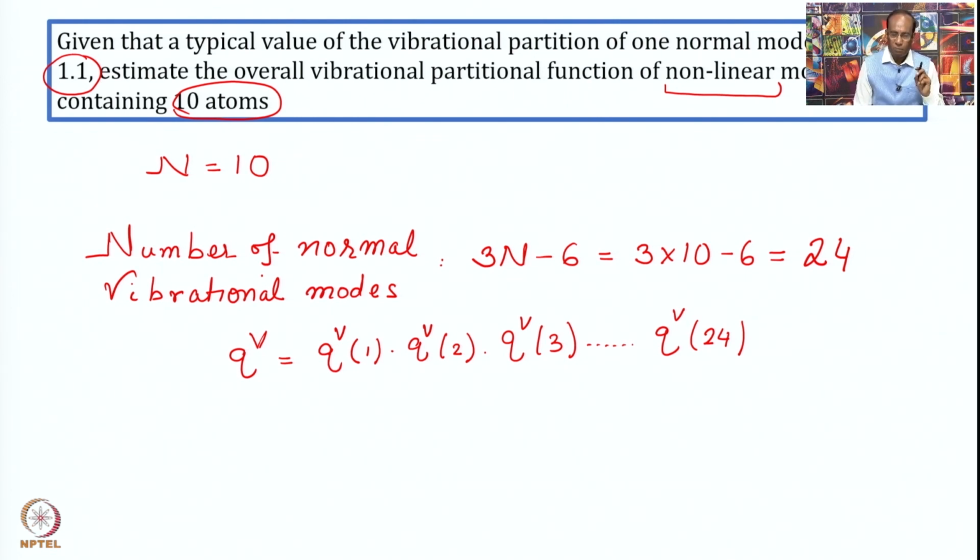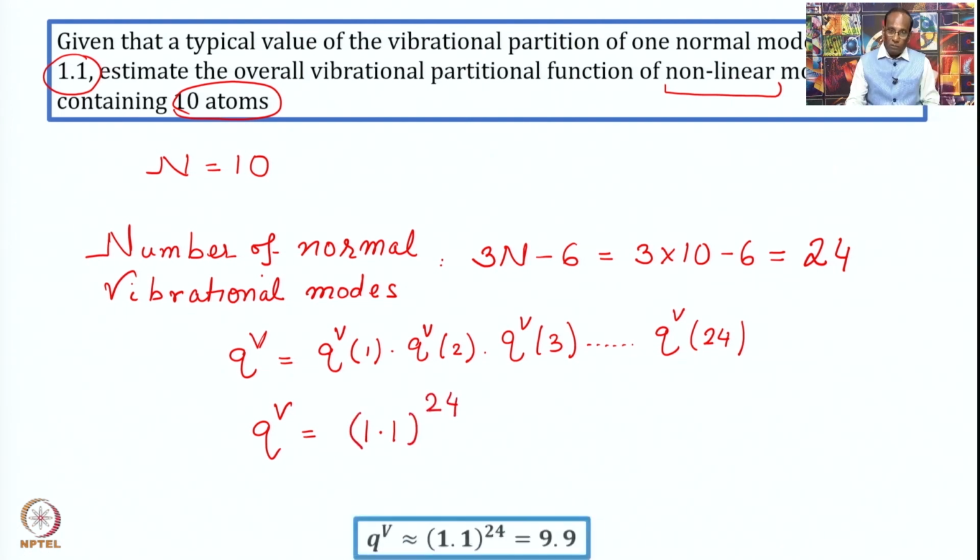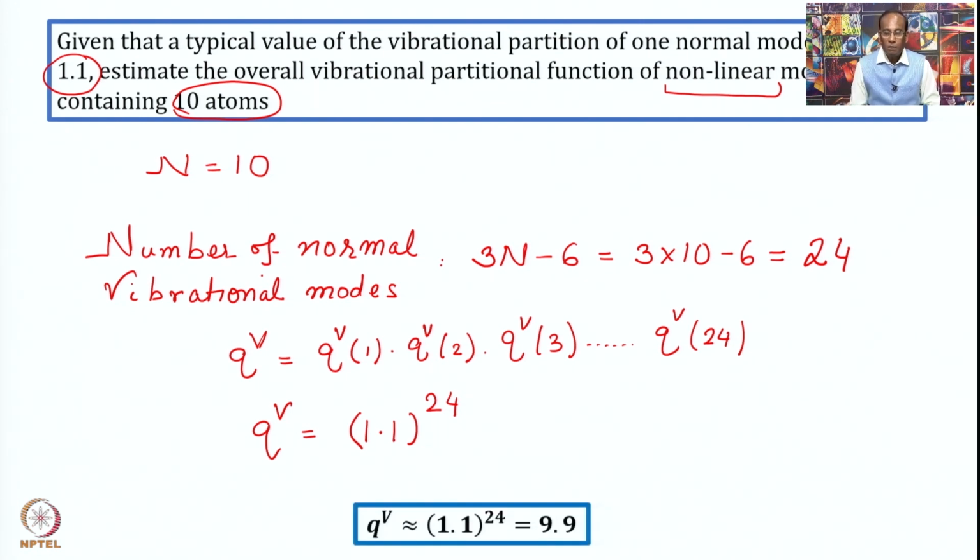It is an estimate, because since they have given an approximate value, they want us to estimate. So that means your QV is going to be 1.1 into 1.1 into 1.1, how many times? 24 times. And once you calculate this, the value comes out to be approximately 9.9.